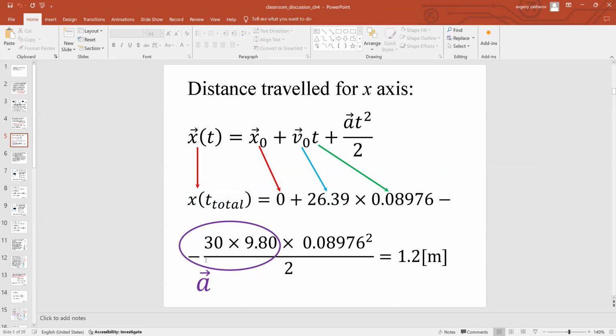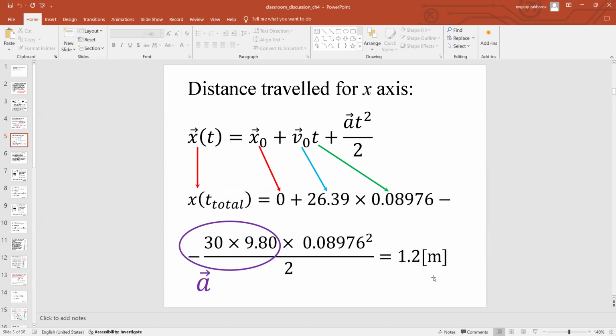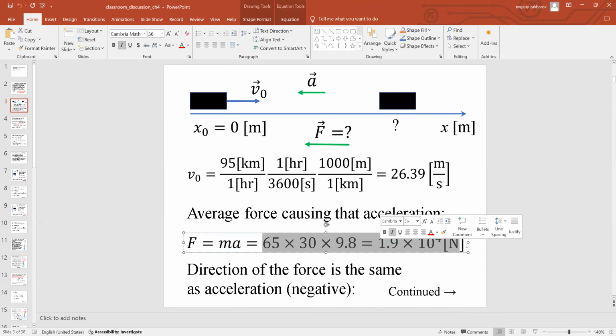And acceleration is minus 30 g's times the time squared over 2. So distance traveled is only 1.2 meters, like 4 feet, something like that. So everything happens very fast, and distance traveled is not much. And forces are 20,000 newtons or so.